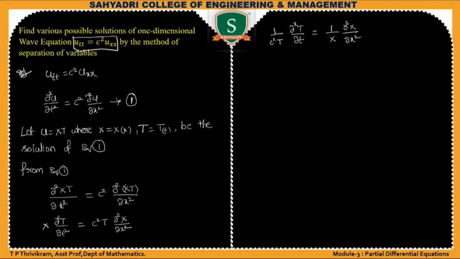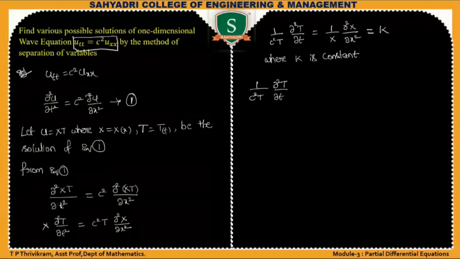Okay, so for our convenience I will take this as equal to some constant k, where k is a constant. So we'll equate the left hand side of this equation to k, that means 1 by c square T del square T by del t square is equal to k.